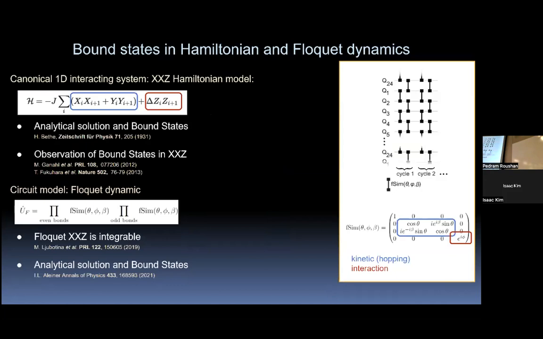This is the famous Heisenberg model, in which excitations or spins interact with nearby ones, and there's an interaction term and there's a hopping term. And in this Hamiltonian model, which was solved 100 years ago, there is a prediction that a bound state can be formed. And I explained to you what bound state means.